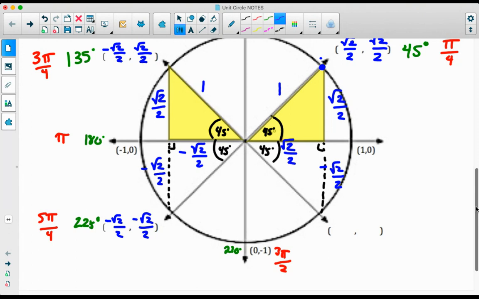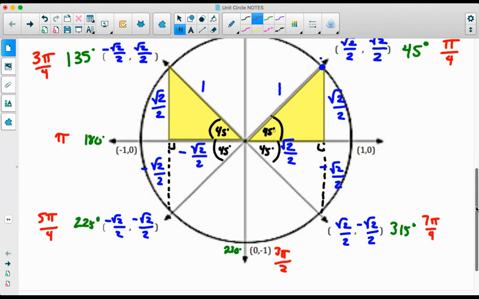So in quadrant 4, we have a positive x value of root 2 over 2, and a negative y value of negative root 2 over 2. Rotating around in degrees, this corresponding angle is 360 minus our 45, which is 315 degrees. In radians, that becomes 7 pi over 4 radians.